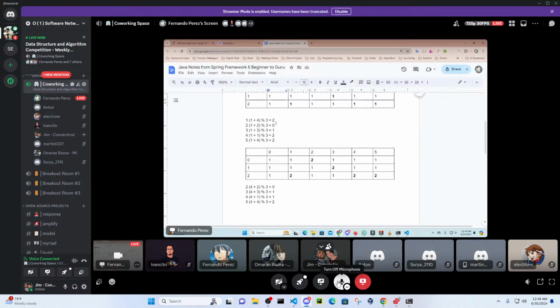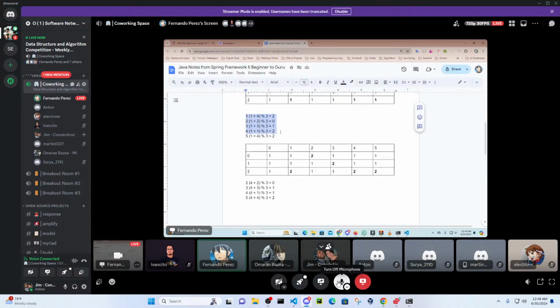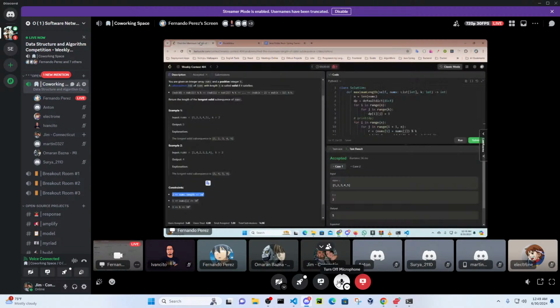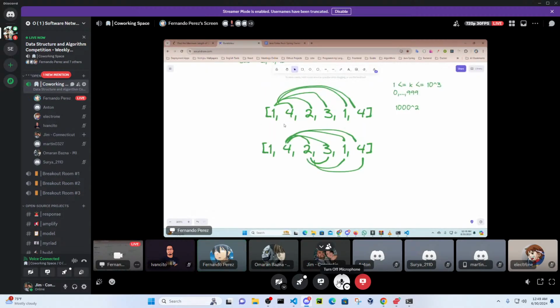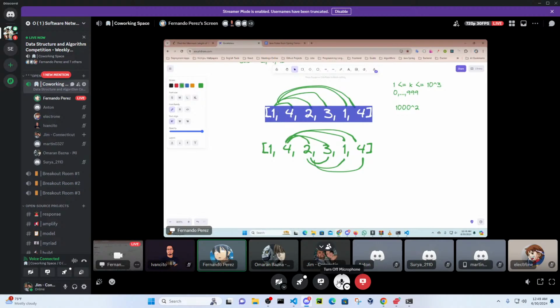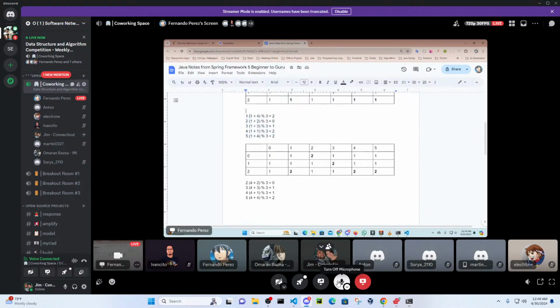And like I said before, I'm going to try to do the combinations, like for this 1 plus 4 module k, 1 plus 2 module k, and so on. And I'm going to increase. If I take these 2 elements, 1 and 4, I think this must be 2.